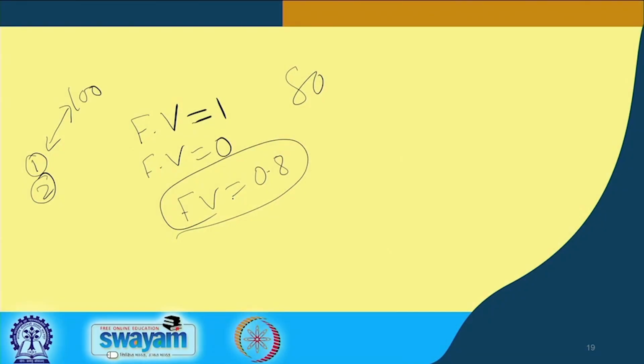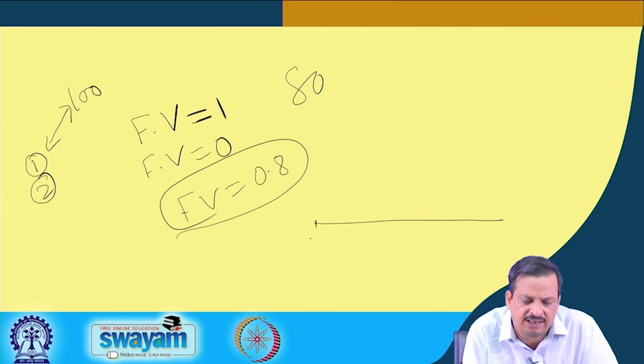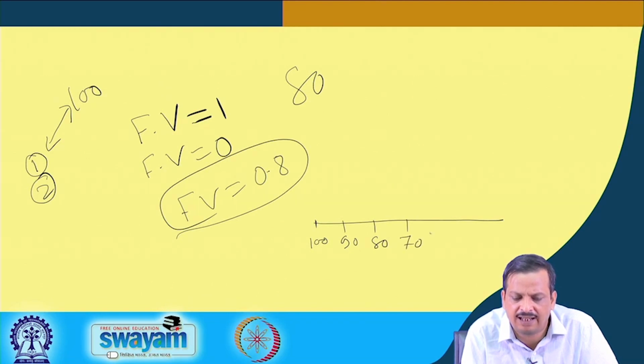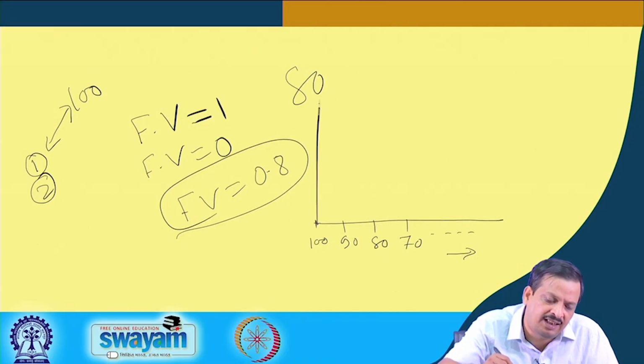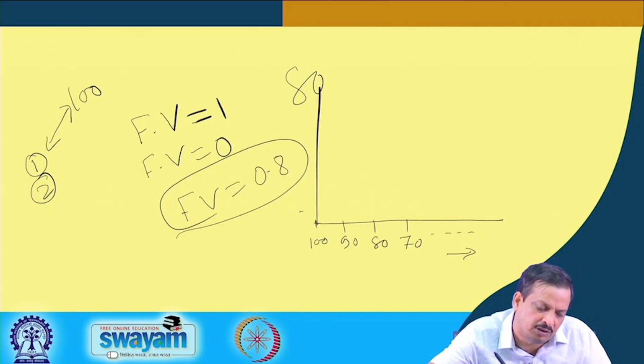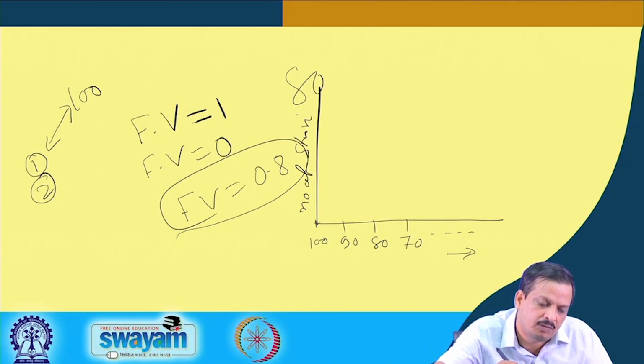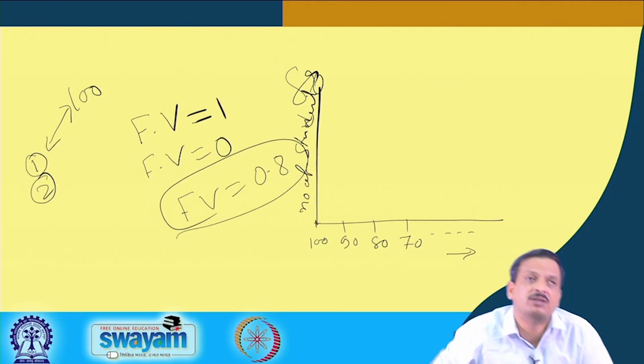How do you do it? Suppose I plot the marks on the x axis. So, this side let us say it is 100, then 90, then 80, then 70, and like that marks. And on the y axis, I take the number of students.